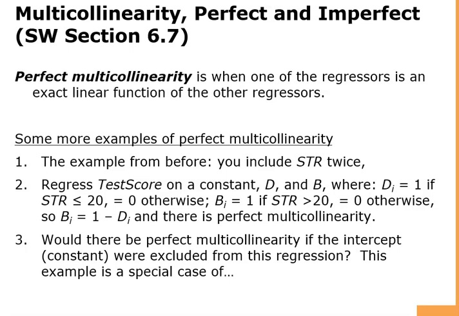Or to be more precise, it will be equal to 100 minus the percentage of English speakers. So in this scenario, if you include both the percentage of English learners and the percentage of English speakers in your regression analysis, one of those variables can actually be an exact linear function of the other variable, which would mean that once again we will get into the case of perfect multicollinearity.